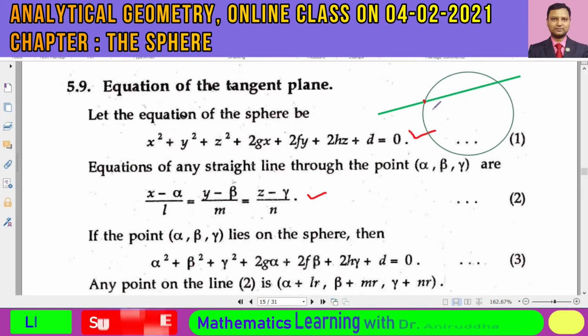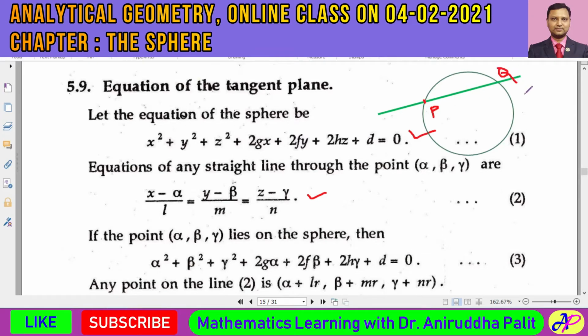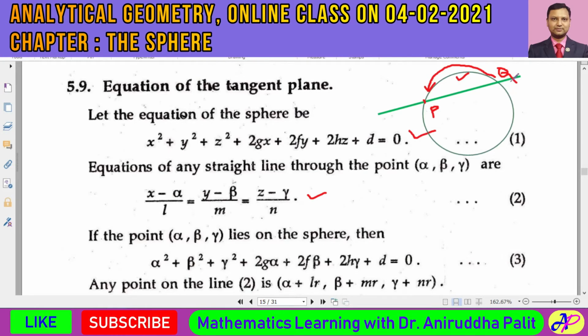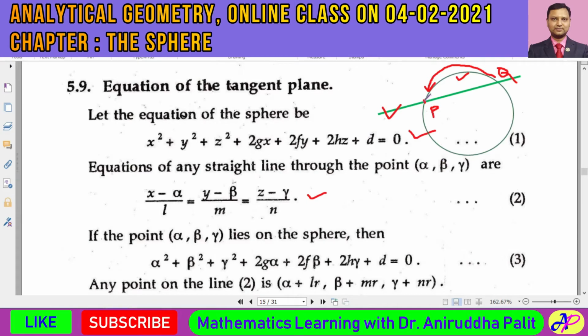Suppose one point is P, and this is another point Q. Now, if this point Q moves towards the point P along this sphere, then the locus of this straight line will generate a plane that is called the tangent plane. The tangent plane is the plane that will simply touch the sphere at the point P.